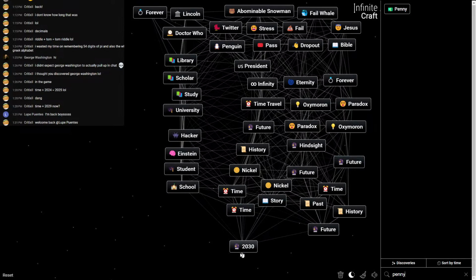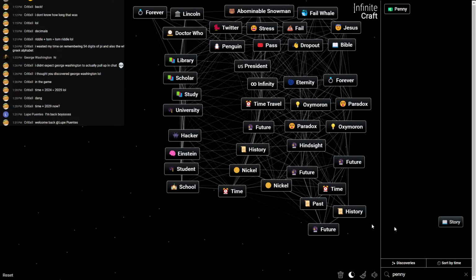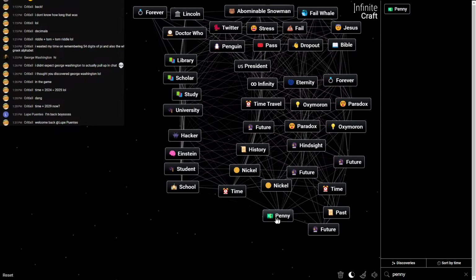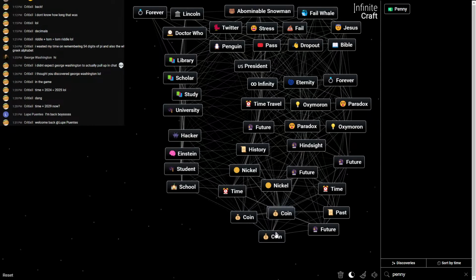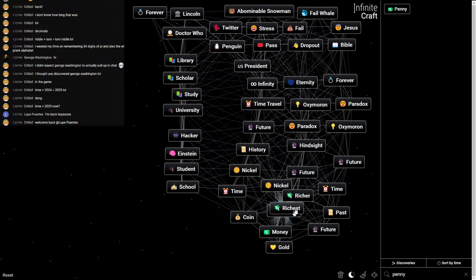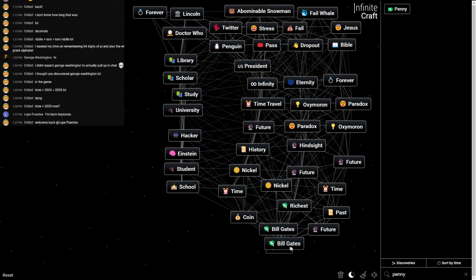Let me clear things up down here. Coin? Coin's a good one. You can make some cool stuff with this. Money in general. Rich. Richer. Richest. Bill Gates. That's another path to Bill Gates, huh?